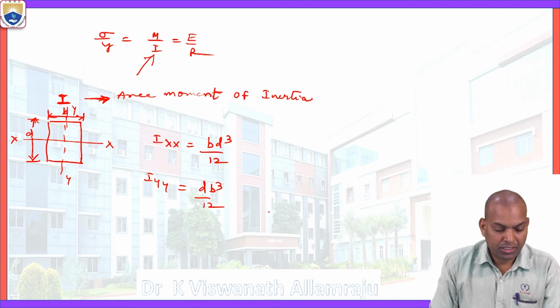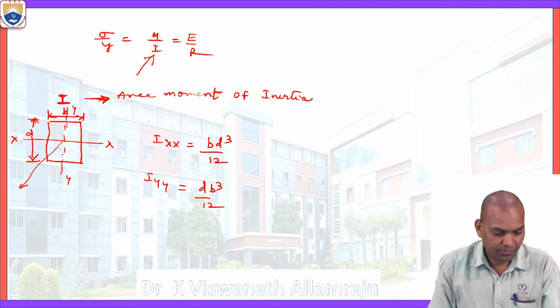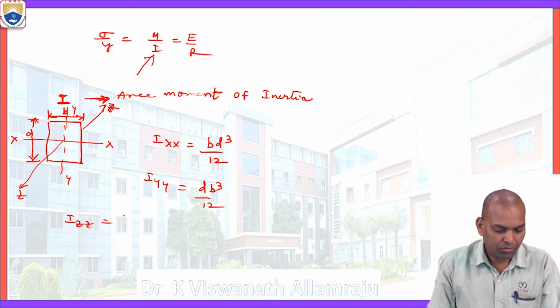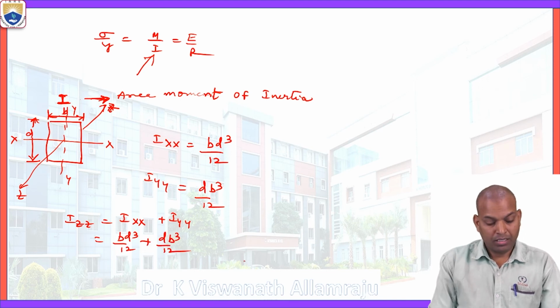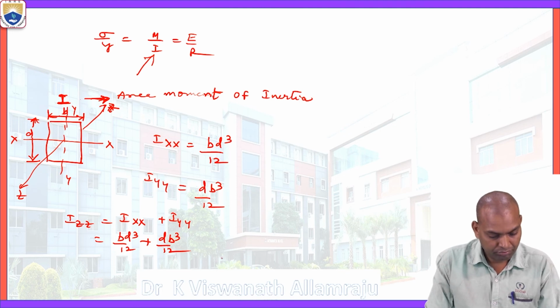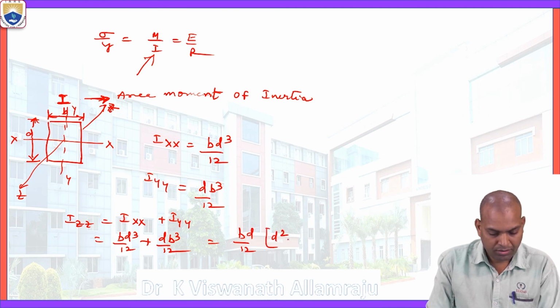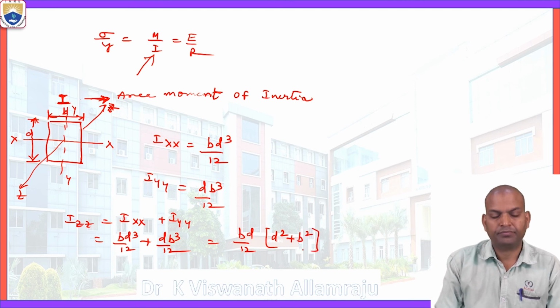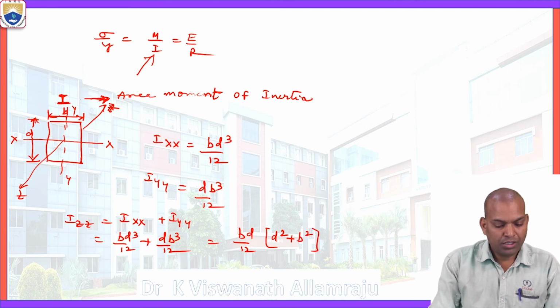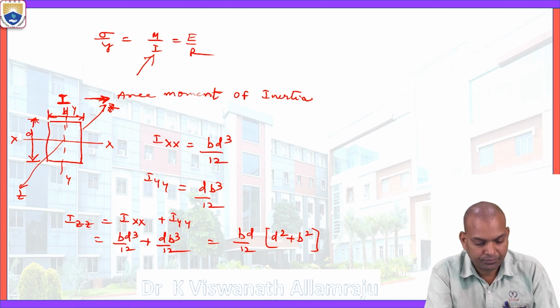According to the perpendicular axis theorem, about the z-axis, Izz equal to Ixx plus Iyy, that is bd cube by 12 plus db cube by 12. If we take bd common, it is bd times d square plus b square by 12. This is for the rectangular section.